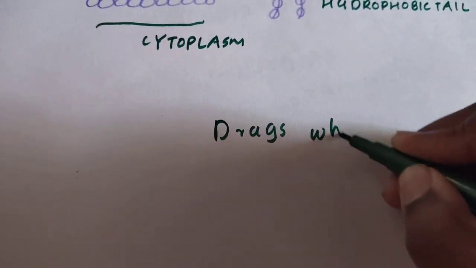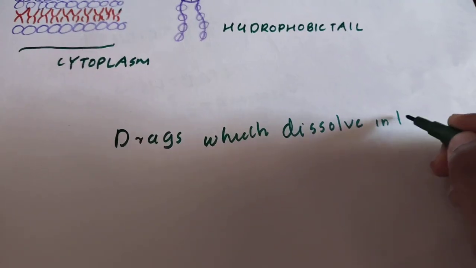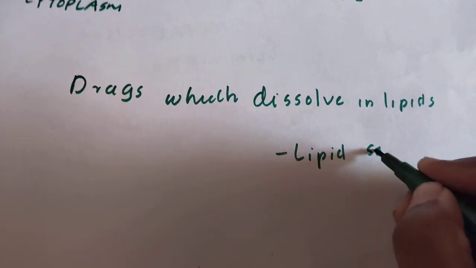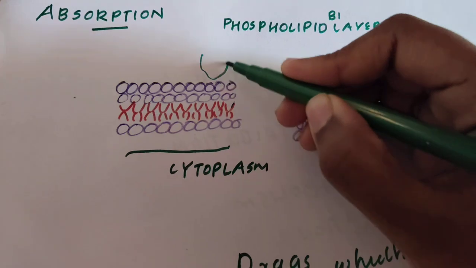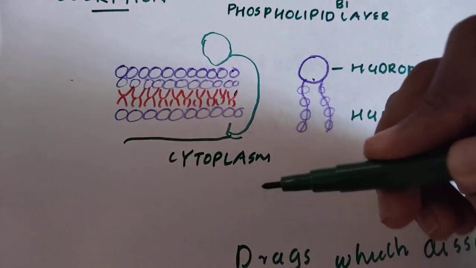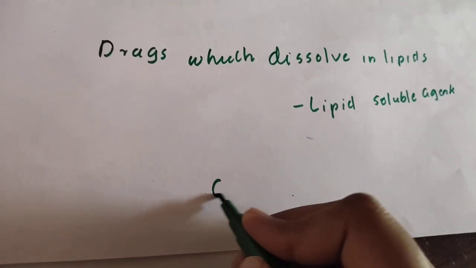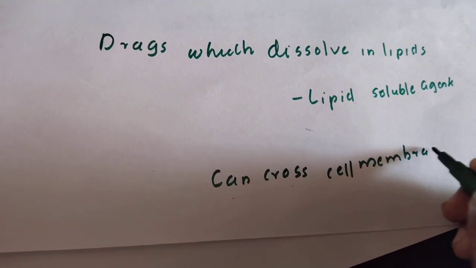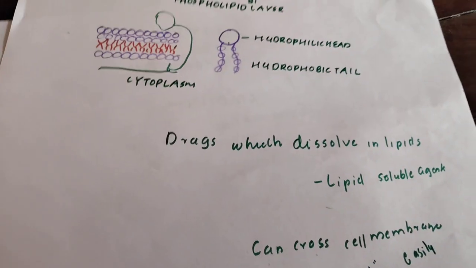Drugs which dissolve in lipids we can call lipid soluble agents. If we imagine this as a drug which is a lipid soluble agent, it can easily pass through the cell membrane. That's the concept here.